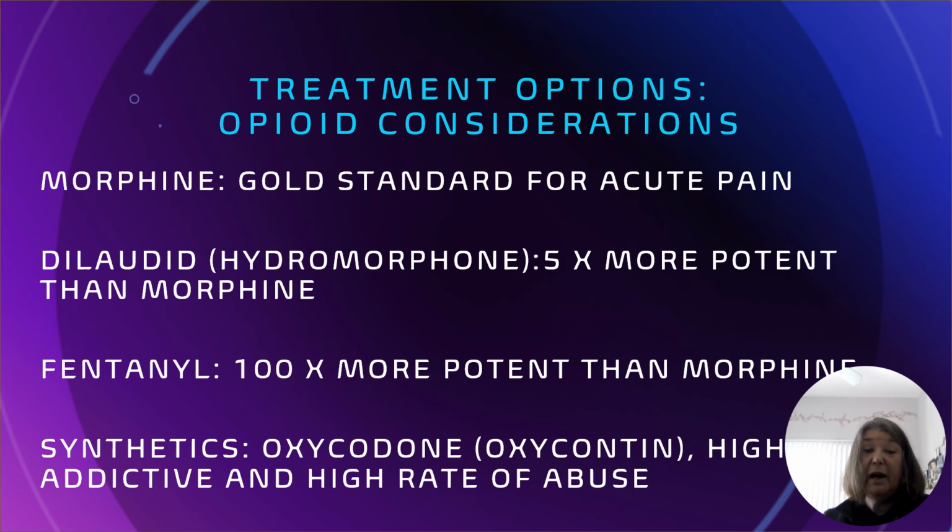Its transdermal patch route is effective for longer-term management of severe pain, often in the context of cancer or other life-limiting illness. Synthetic opioids include different preparations of oxycodone, including the extended release form branded as OxyContin.